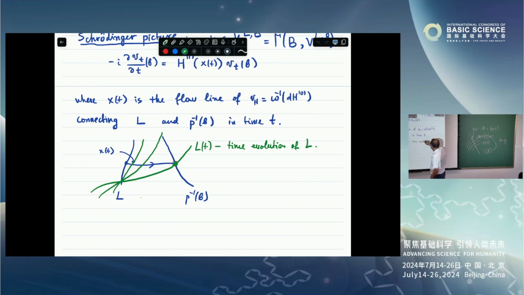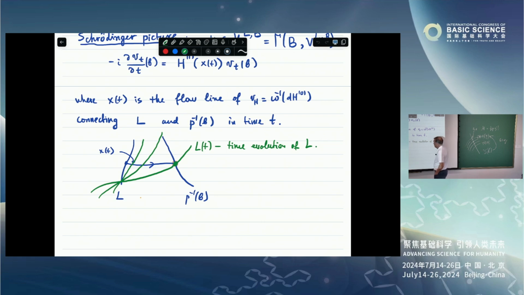So this is the picture. Here xt is the flow line of the classical Hamiltonian connecting the Lagrangian section L and the Lagrangian fiber P inverse B. You see here we have the point P, and the section L is defining the module.